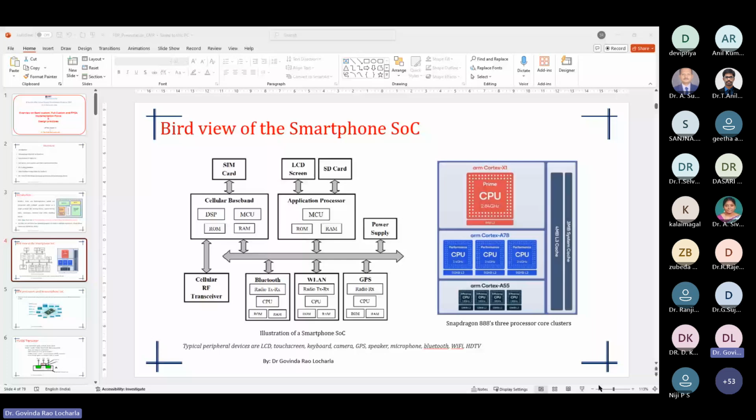Let me try presentation mode in full screen mode.